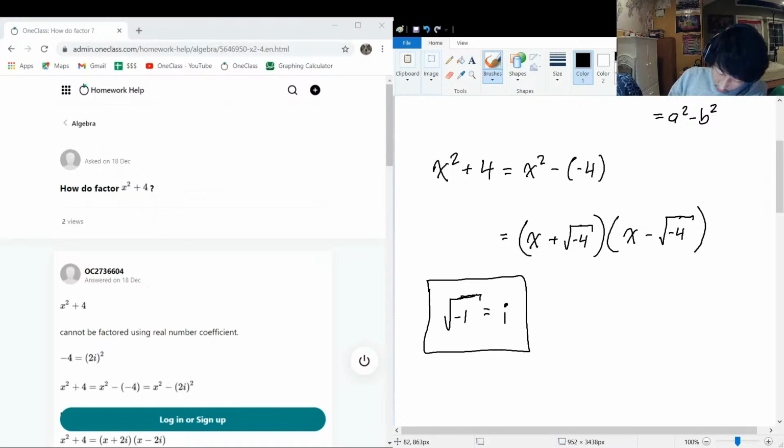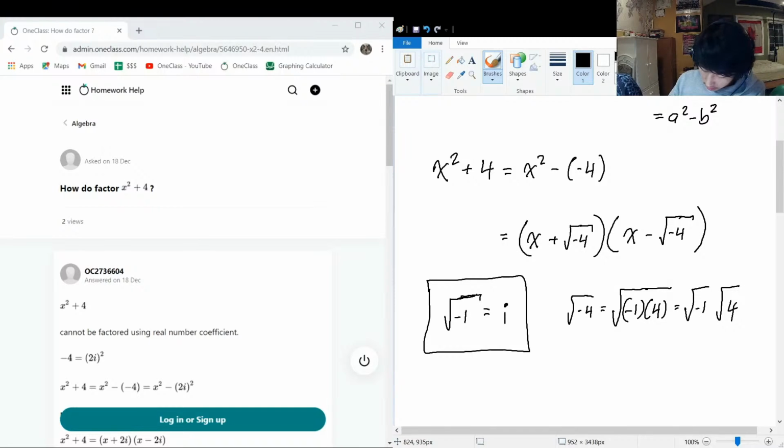So the square root of negative 4, we could rewrite this as the square root of negative 1 times 4. We could rewrite this as the square root of negative 1 times the square root of 4. The square root of 4, we know that's going to be 2, and we know the square root of negative 1 is i, so we can have this as just 2i.